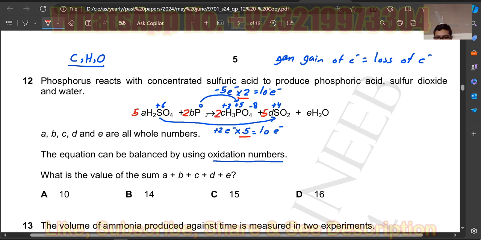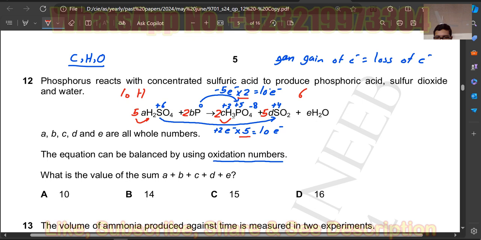Now these numbers have helped me to balance the phosphorus and sulfur, but now I am left with balancing the hydrogen and oxygen. Okay, now on the left hand side, let's calculate the number of hydrogens. There are 5 times 2, 10 hydrogens here, and on the right hand side, there are 2 times 3, 6. So I put 6 over here.